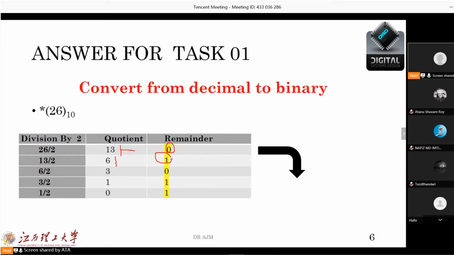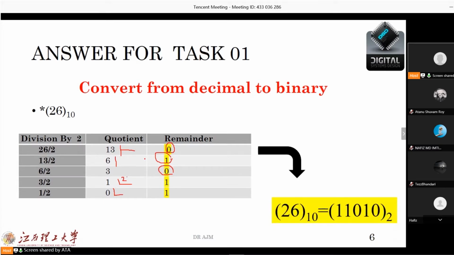Another one is 6. 6 divided by 2 becomes 3, and the remainder is 0. Then 3 divided by 2 is 1 with remainder 1. Then 1 divided by 2 is 0 with remainder 1. You will see the number. Then we will start to write from here upward.